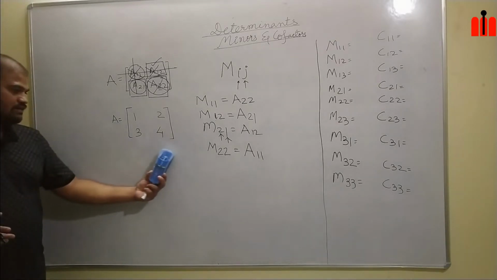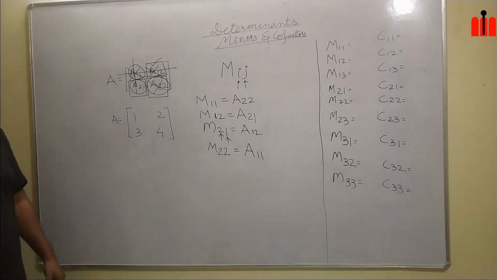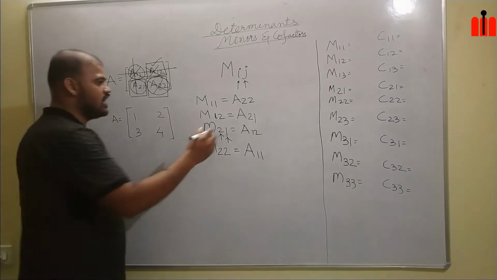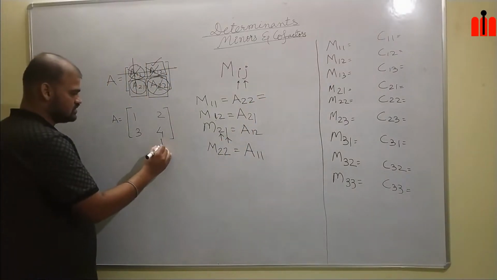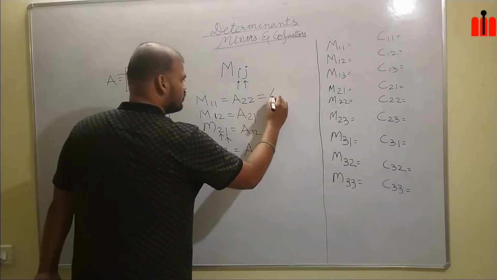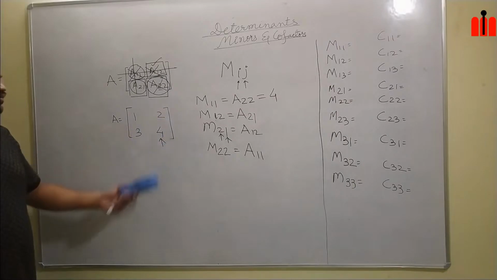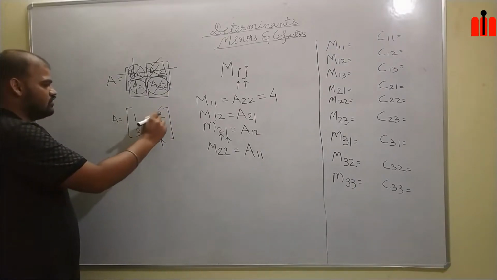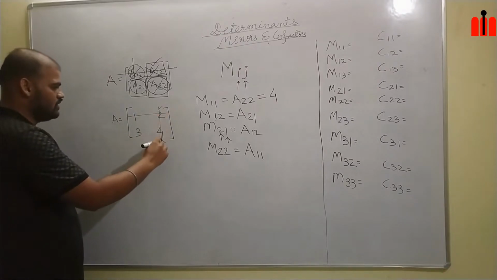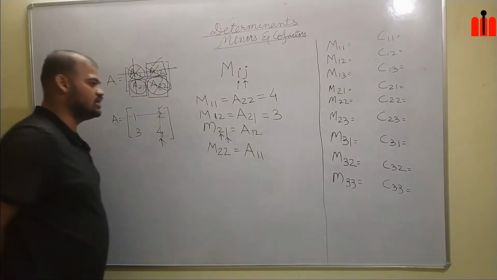I had taken an example of 1, 2, 3, 4. This is one of the matrices. In this matrix, what will be my M11? A22. A22 is this element, so it will be 4. Now M12 is for the A12 element, so my M12 will be A21, which is 3.